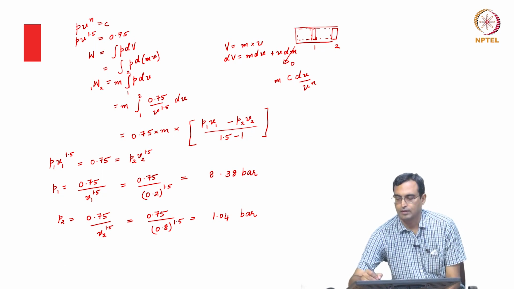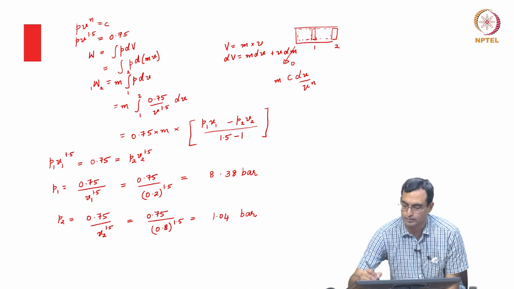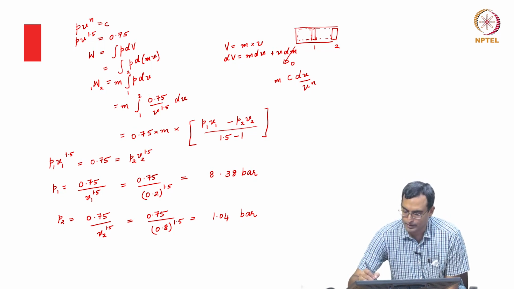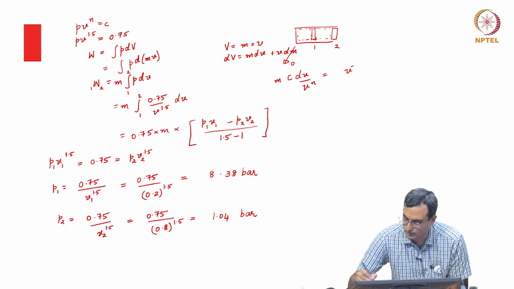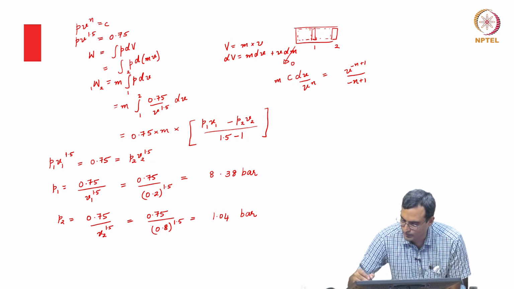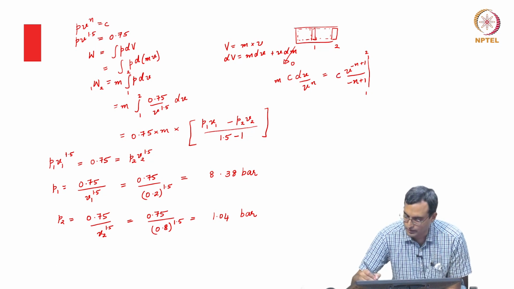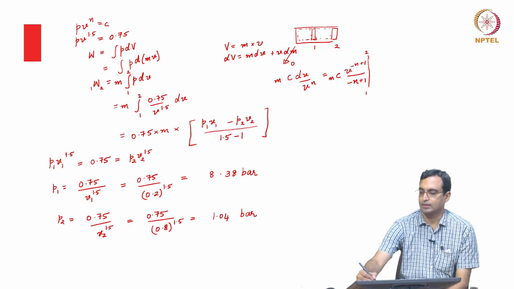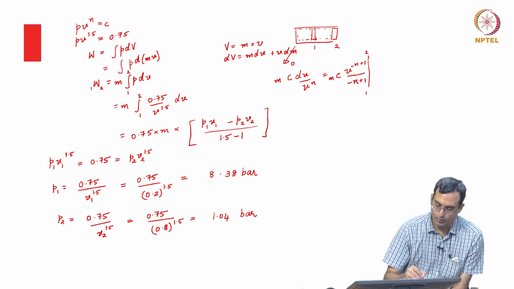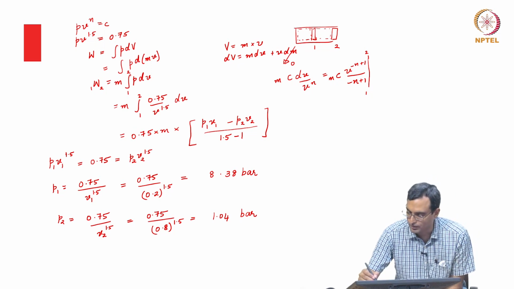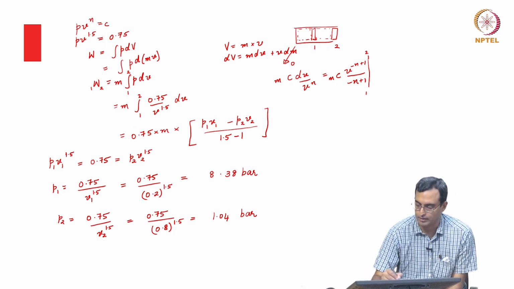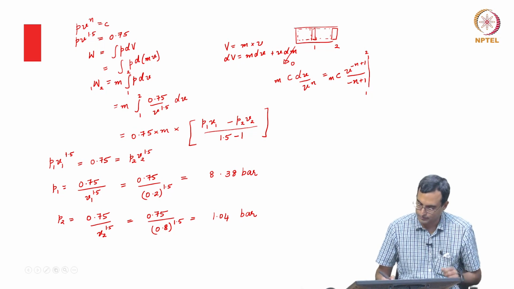This is like v power minus n plus 1 divided by minus n plus 1, between state 1 and 2, into the constant into m. This constant is equal to P1 V1 power 1.5 is equal to P2 V2 power 1.5. If you substitute that, then you get this expression in this form, not what I had written earlier.